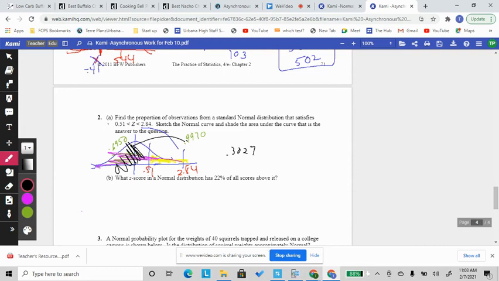You can also get that from doing 0.9970, which was 2.84, minus 0.6950, which is 0.6950. And you approximately get the same amount.